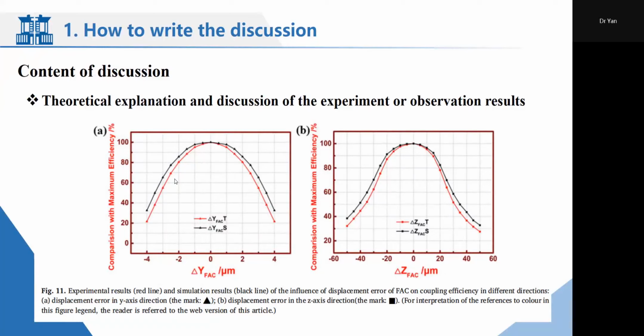So you need to introduce the two lines so the readers know the relationship between them and the difference between them. After you introduce the names of the x-axis and the y-axis and the different lines, you can describe the rules between the lines. Let's take a look.